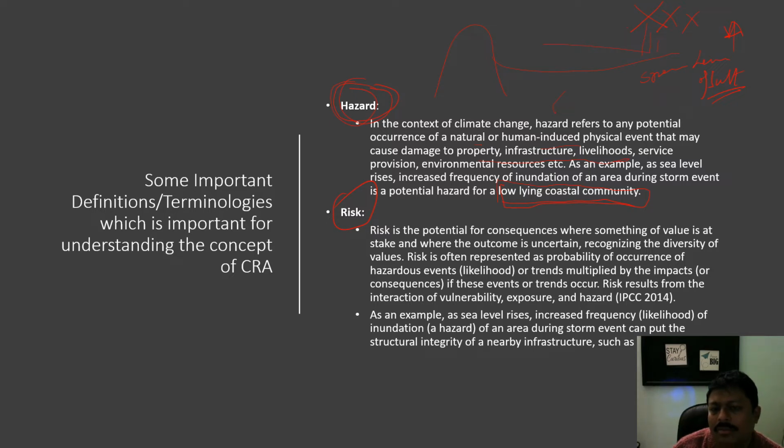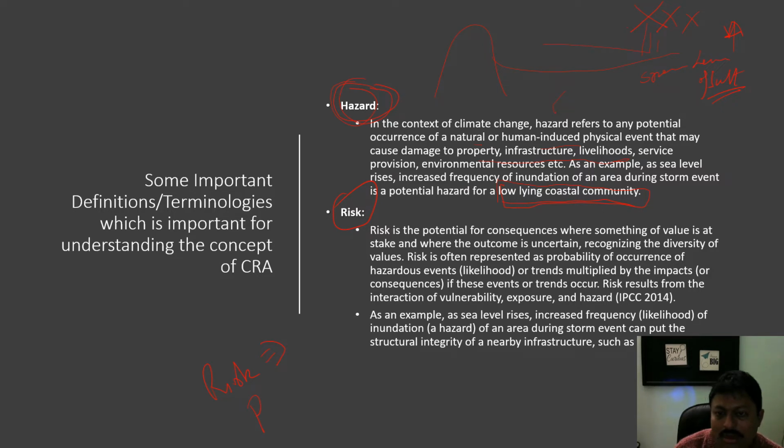Risk is often represented as the probability of occurrence of hazardous events or trends multiplied by the impacts or consequences if these events or trends occur. Risk results from the interaction of vulnerability, exposure, and hazard. As I already said, what is the probability of occurrence of this hazardous event? That is actually risk.